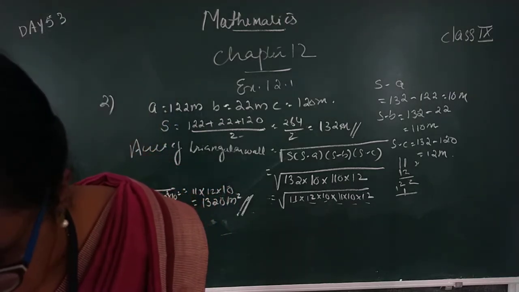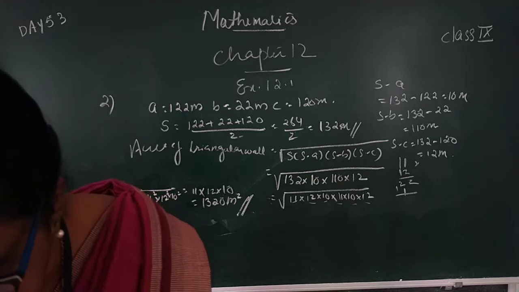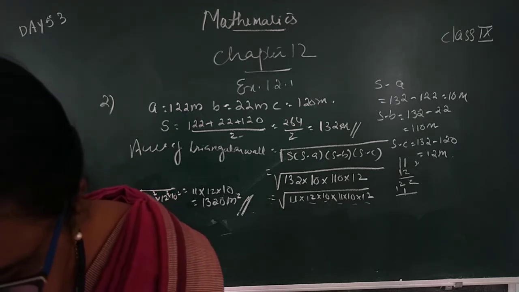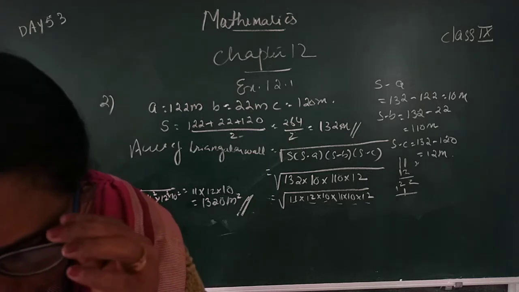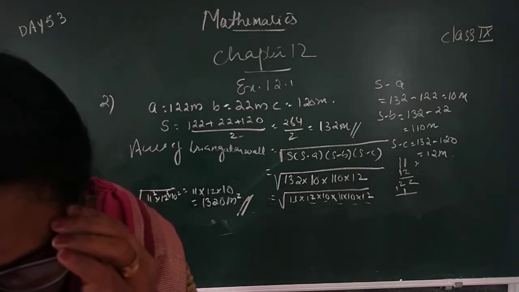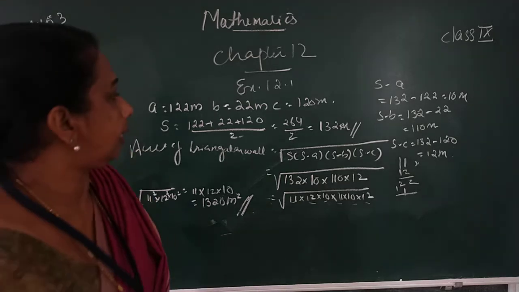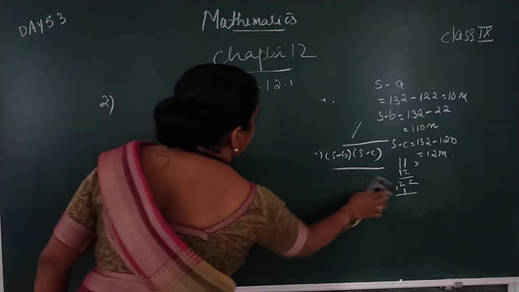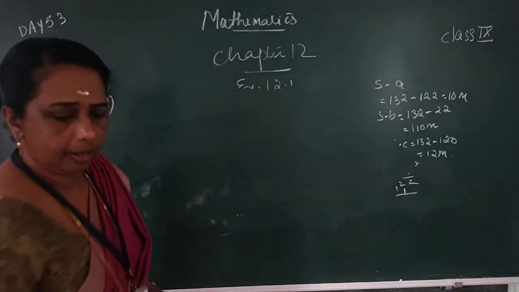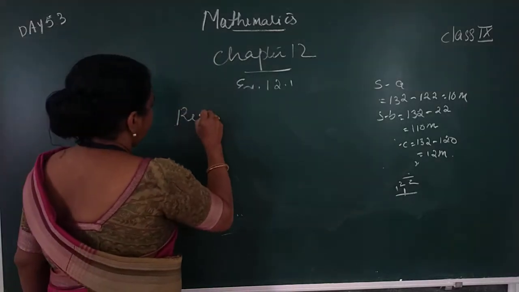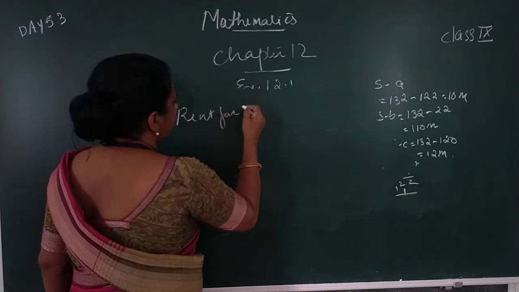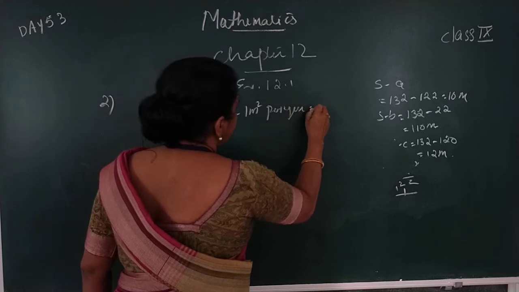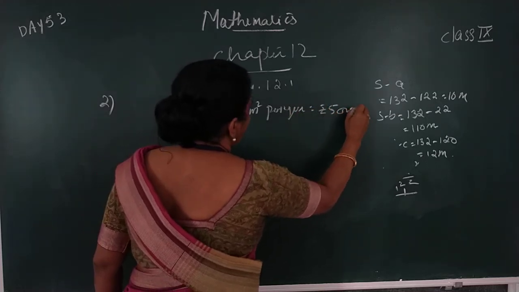Then we want to find out, given that earning from advertisement on the triangular wall is rupees 5,000 per meter square per year. That is, rent for 1 meter square per year is given as rupees 5,000.